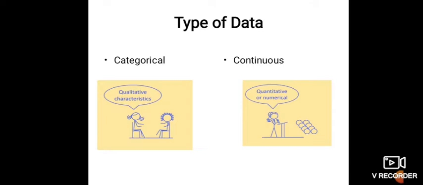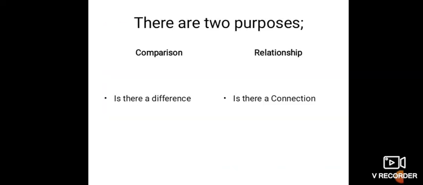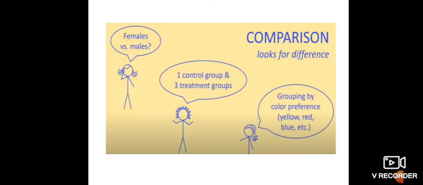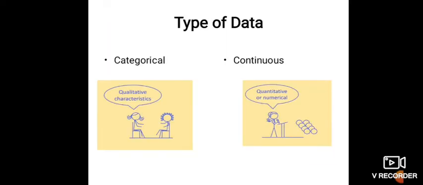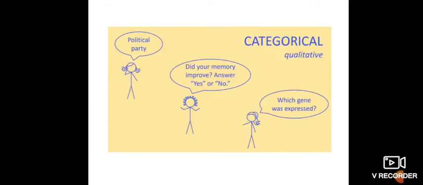One is purpose, whether the data follows comparison or relationship, and another is the type of data, whether the data we have is categorical or continuous. Some examples of categorical or qualitative variables are political party, did your memory improve, for example yes or no questions, and which gene was expressed. These kinds of things.